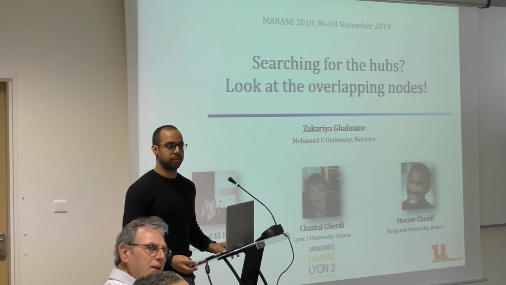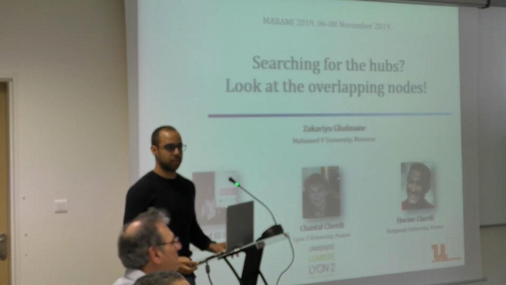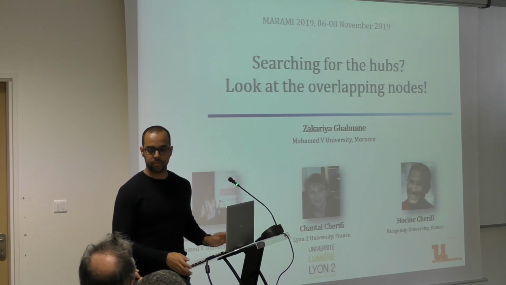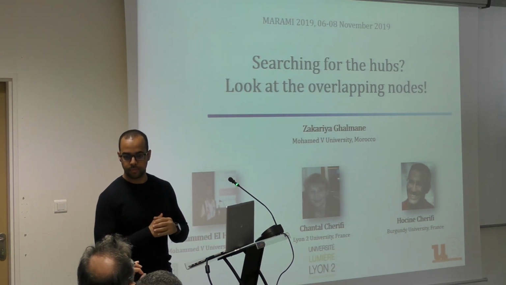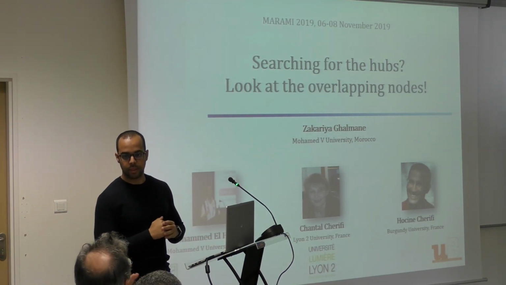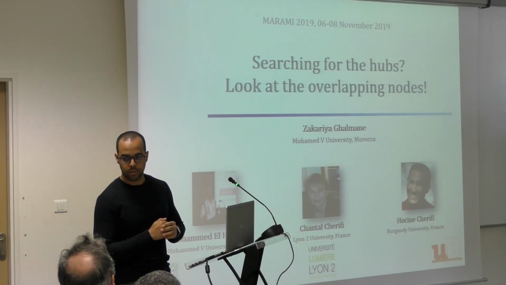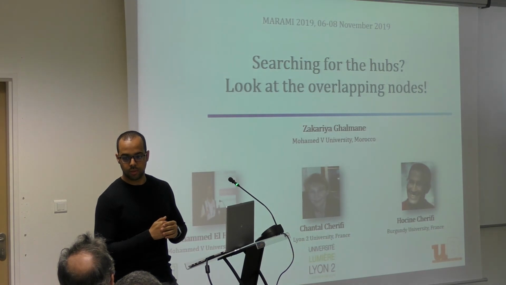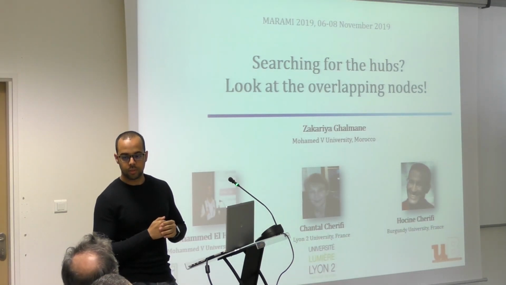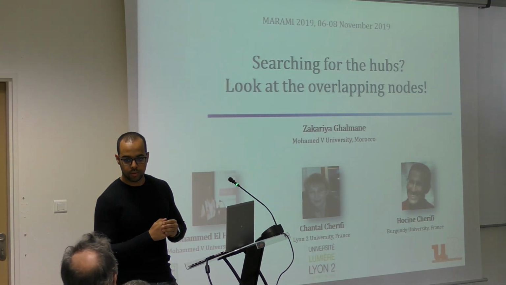Any question again? No. Maybe just one last question. If you perform link communities detection, you obviously have overlapping nodes. So did you think of doing this kind of thing?